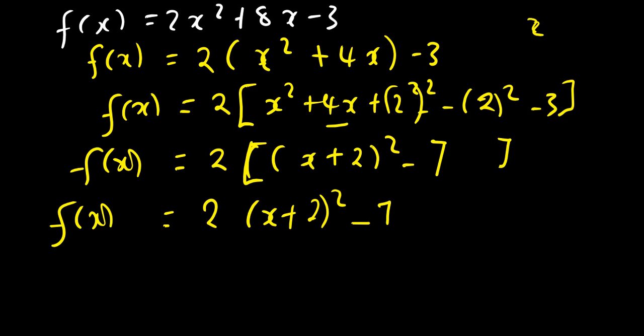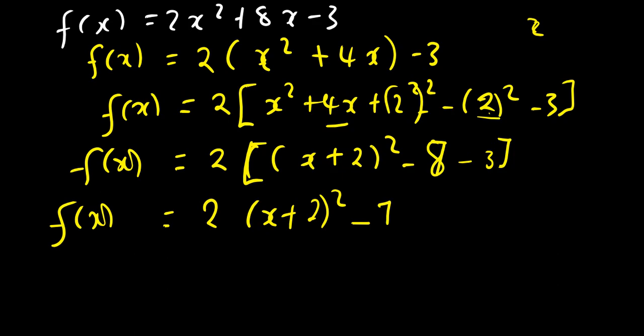Then you realize that there's somewhere here where I made a mistake. When we're distributing the 2, we're supposed to get 8, then 8 minus 3.